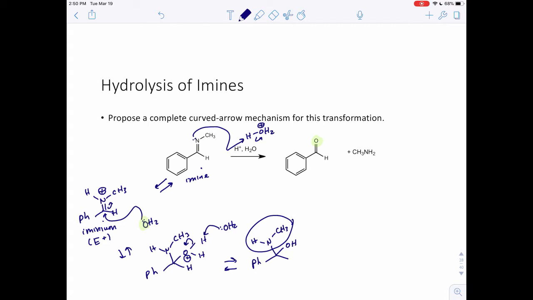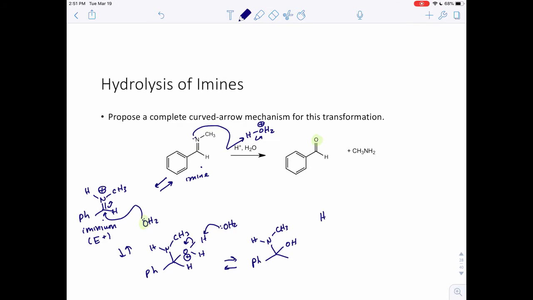We're not going to do it right now because that would give us this species, which you know is not a good leaving group. That is not stable. It is the conjugate base of a weak acid. So we are not going to generate that. So in order to make a good leaving group, we're going to protonate the amine. And we can use hydronium to do this.